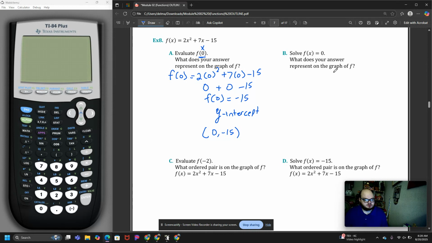What does your answer represent on the graph of f? Okay. So we've got our function. So this time we've got 0 equals 2x squared plus 7x minus 15. So we're trying to find the zeros. Okay, now there's a few ways to approach this.